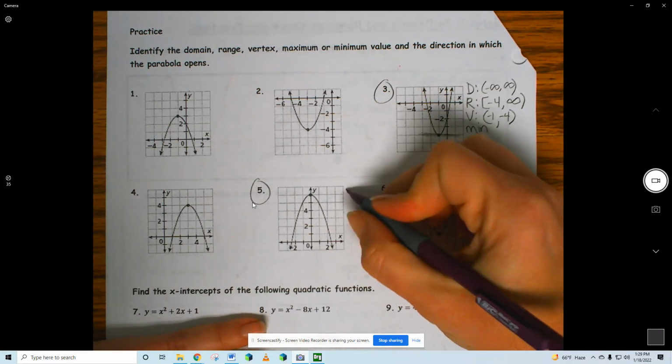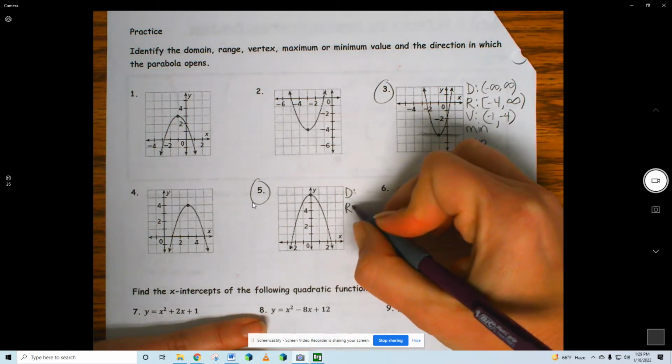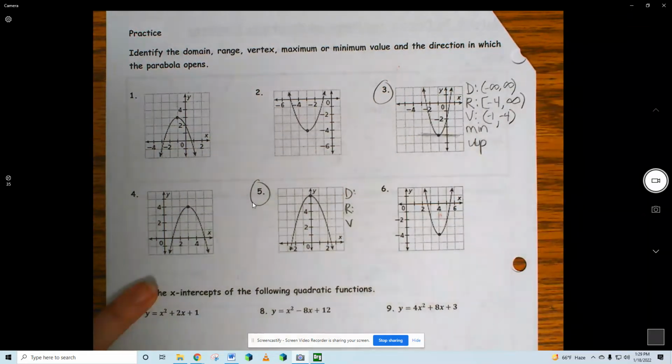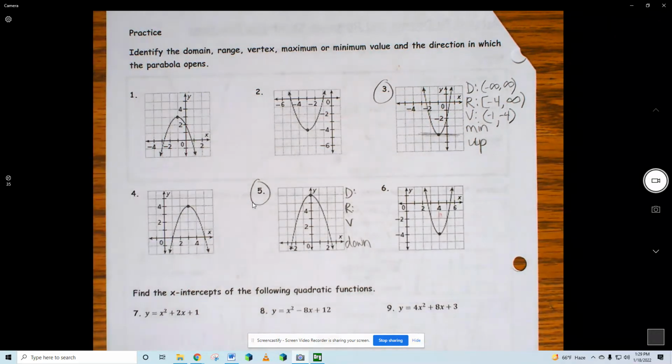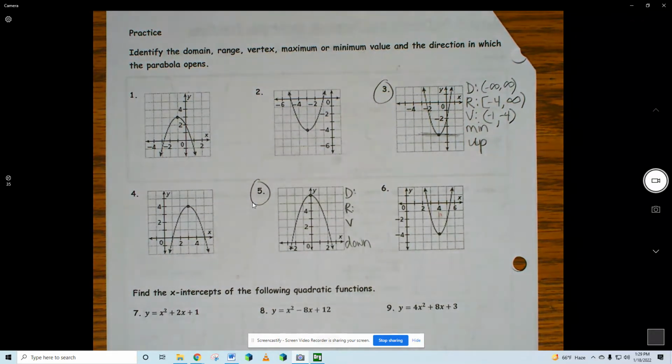All right, number 5. D, R, V. So, do number 5.